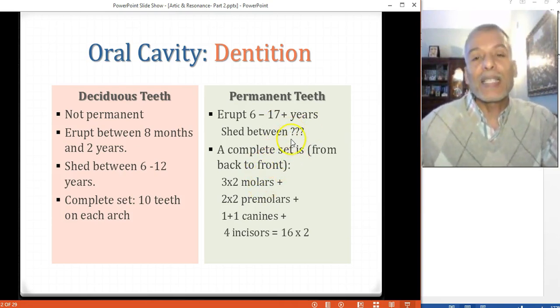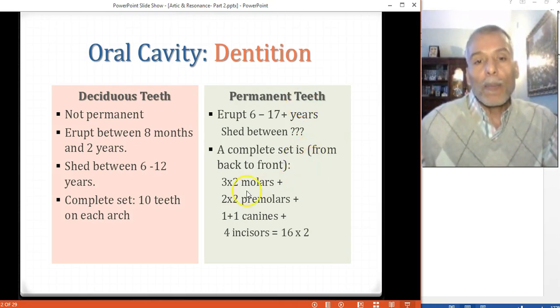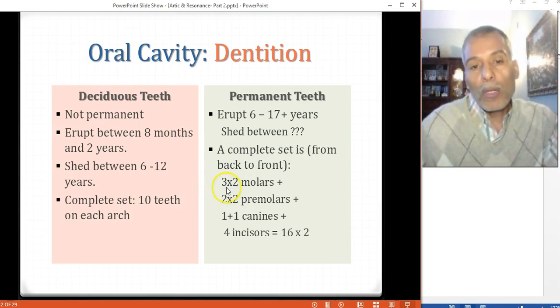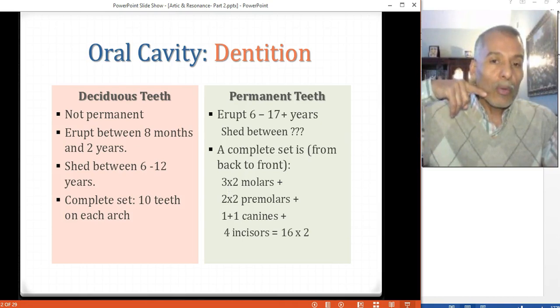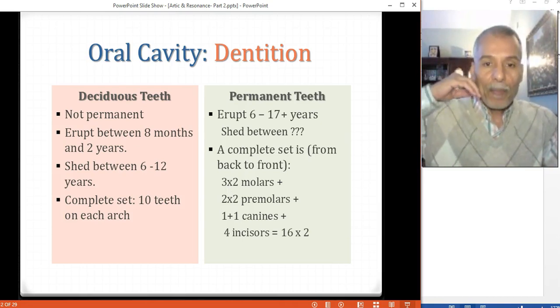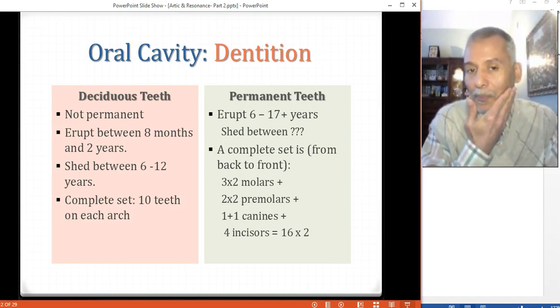So the complete set of the permanent arch is, again, from back to front. You have 3 molars on each side. Below, on the right side, you have 3, and on the left side, you have 3.